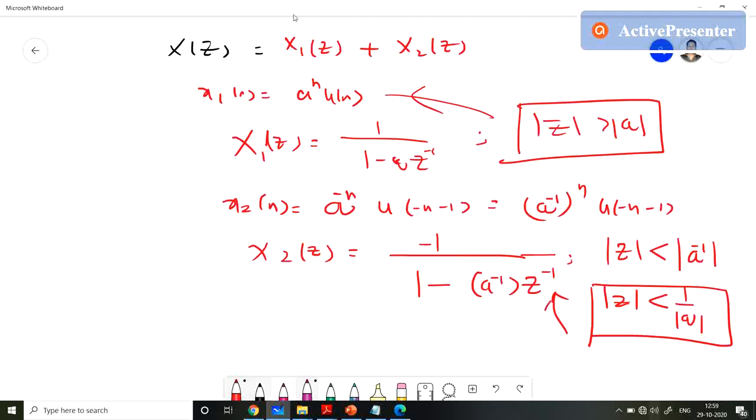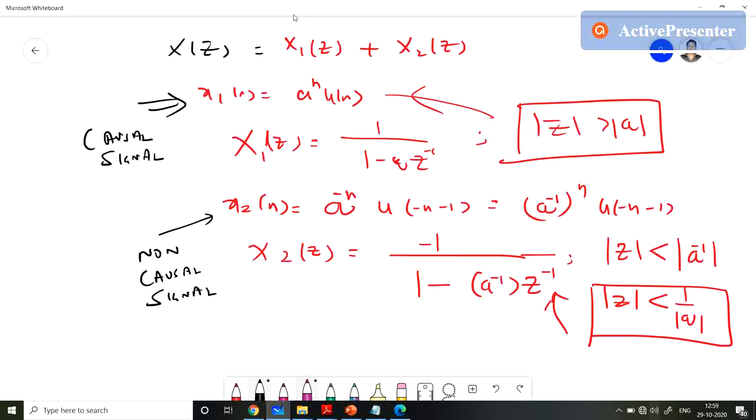So basically this is a causal signal, and this is a non-causal signal. So we have different ROC for the causal signal, and a different ROC for the non-causal signal.